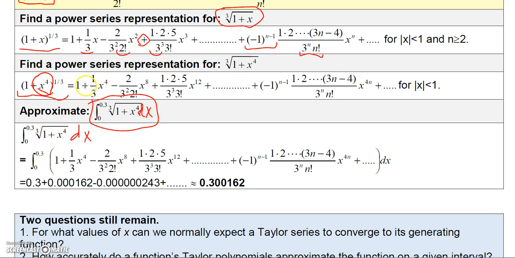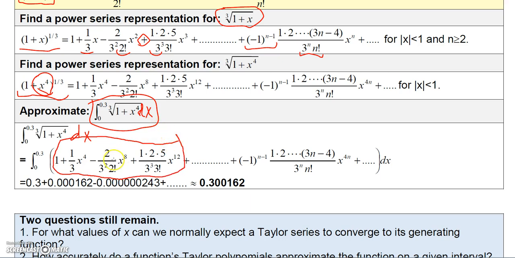Up here you'll notice I came up with these terms. I'm only going to use the first three terms to approximate. Actually, it's four terms, counting the one.